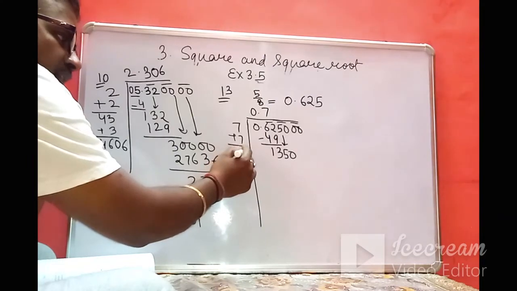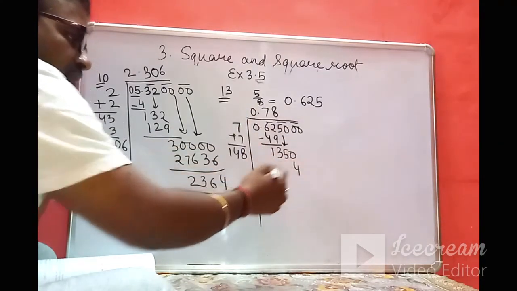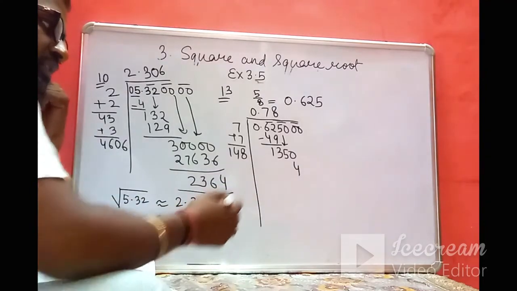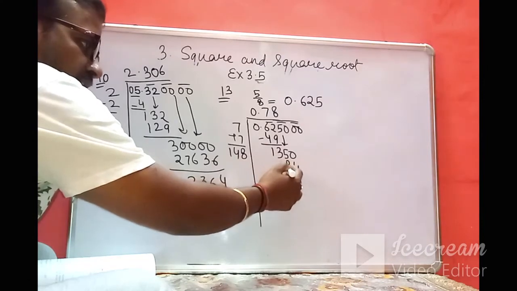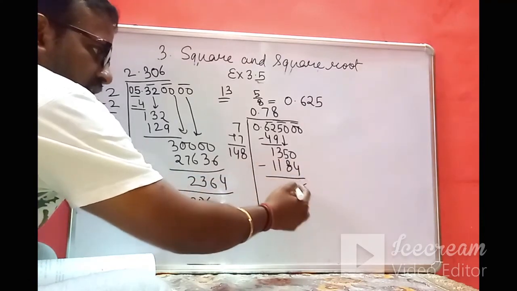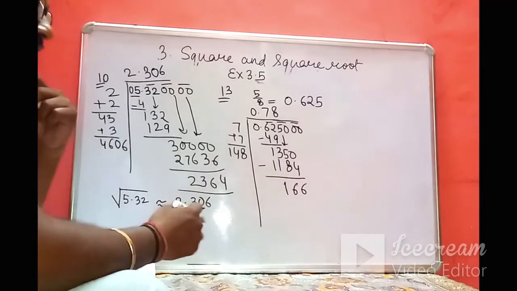So let's say 8 into 8, 64. 64, 6, 8 into 4, 32 and 6, 38, 3, 11. So it is 6, 6, 1.